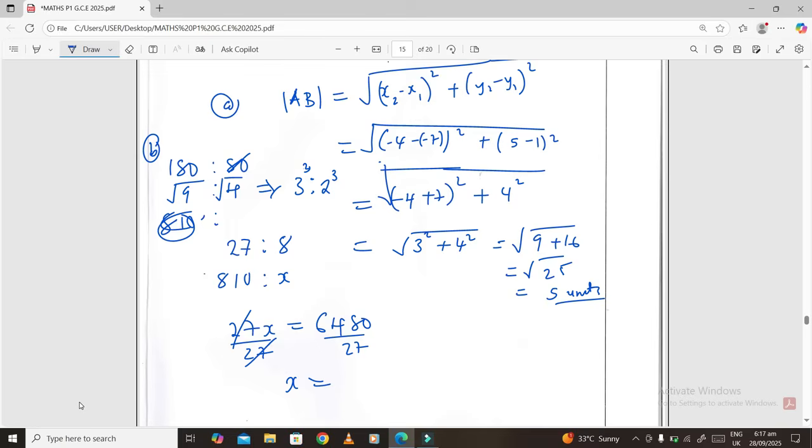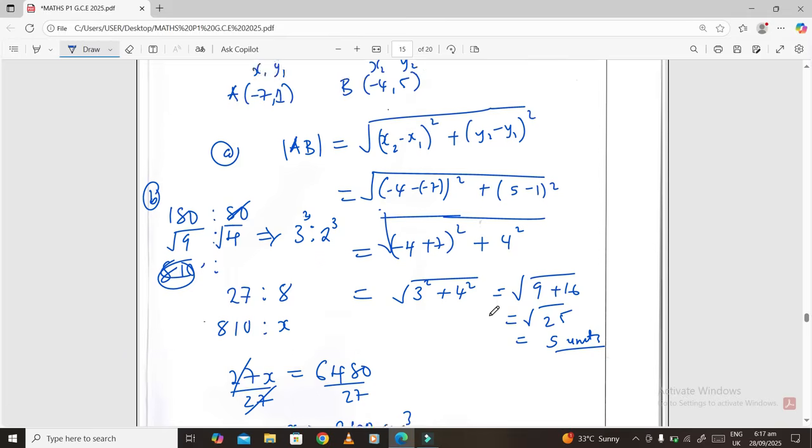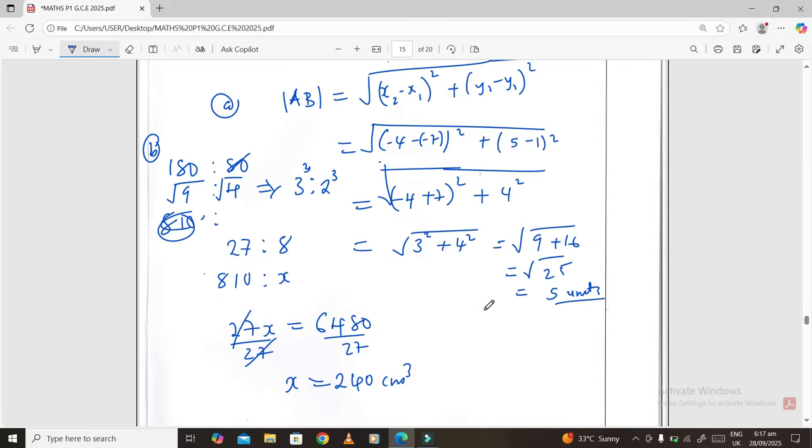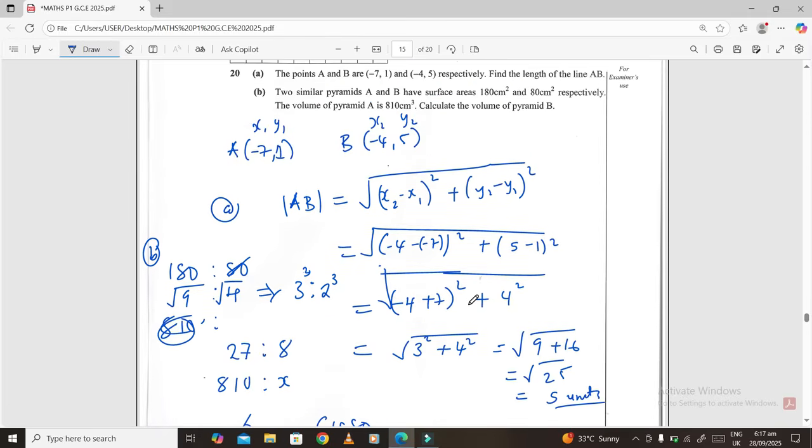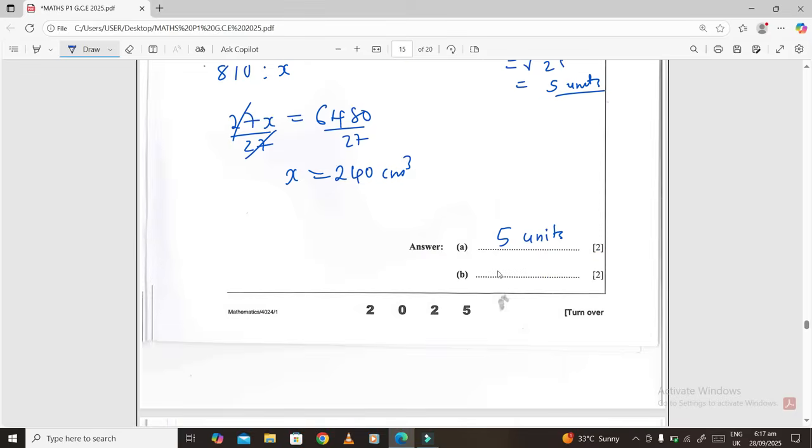X will simply be equal to 240 centimeters cubed. That is the volume of the bigger one, 240 centimeters cubed.